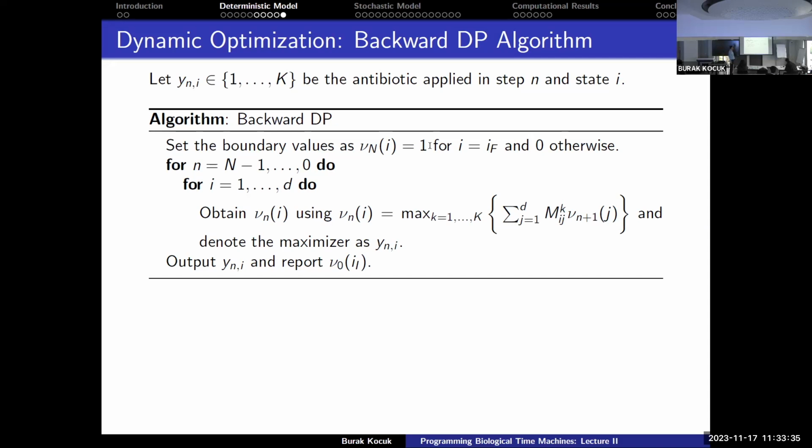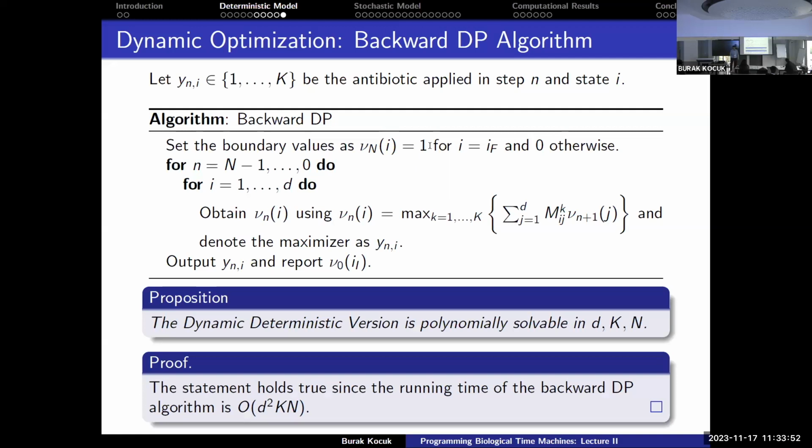And it works perfectly well. What's the complexity? You do this loop N times and this loop for d times, and solve this very simple optimization problem k times. So that's why the dynamic version is actually polynomially solvable in the dimension of your matrices, the number of matrices you have, and the number of steps you have.